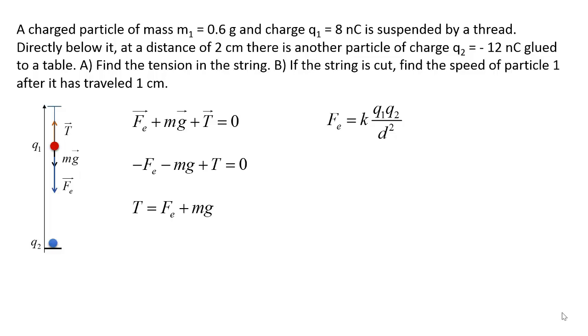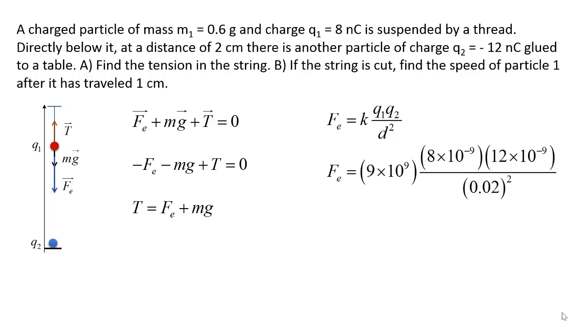We have all this information, so the electric force will be equal to, the electric constant is 9 times 10 to the 9, charge 1 is 8 times 10 to minus 9 coulombs, nanocoulombs is 10 to minus 9 coulombs, charge 2 is 12 times 10 to minus 9 coulombs, and please observe that I did not use a minus sign here because I have already taken into consideration the direction of this force as being oriented vertically down because the two charges attract each other.